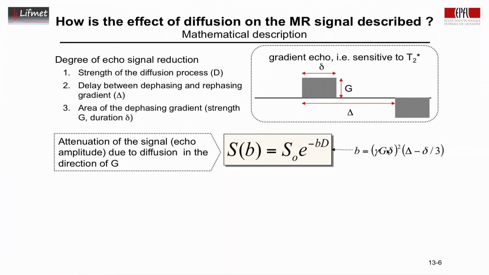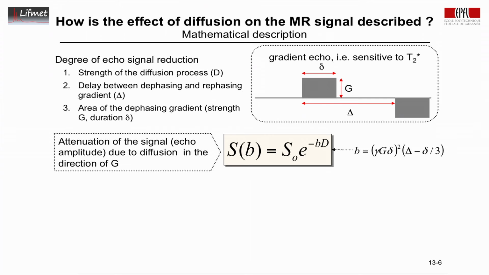That's the b factor. And like I said, I don't want to go through the mathematical derivation of this expression here. We'll just satisfy ourselves with the equation. So b is the parameter that the operator can choose. We can choose the big delta, we can choose the small delta, and we can choose the gradient strength.